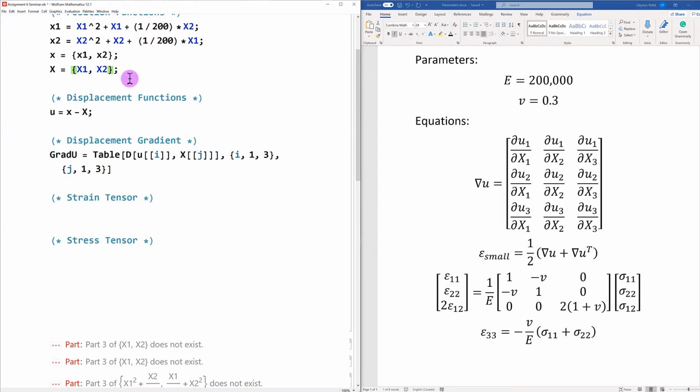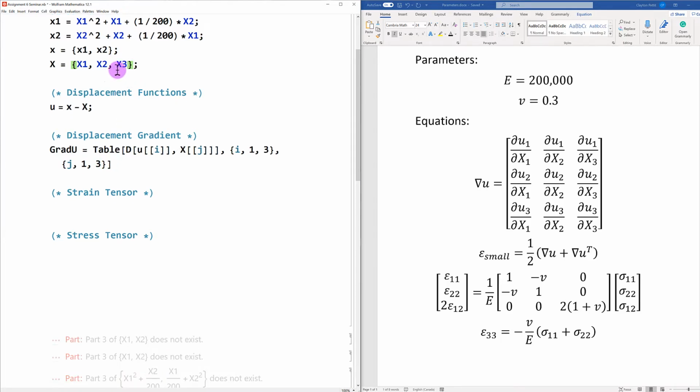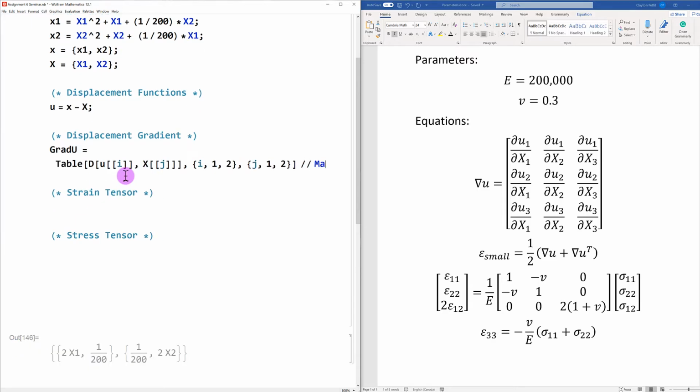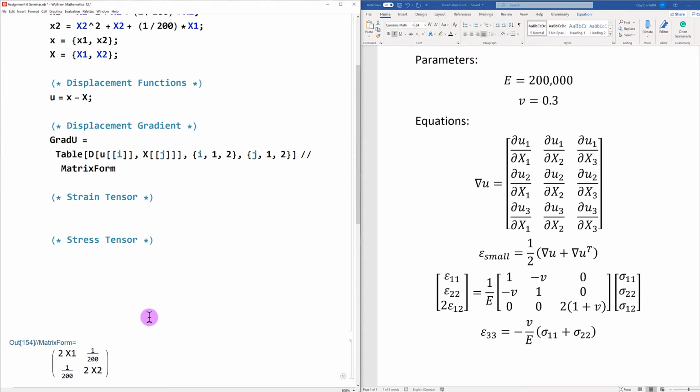Now, if we did have x3 and a u3, well then we do have that third component, and things work out. However, we only have x1 and x2, so we can only do 2. So if I change those back to 2, which is how it should be, and I run this now, no problem at all, it gives me my gradient of u. It doesn't look like it because it's all written in that linear form, but if I do this in matrix form, we can quickly see that our gradient of u is indeed a matrix.